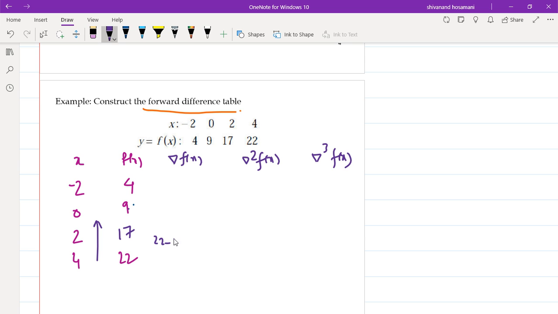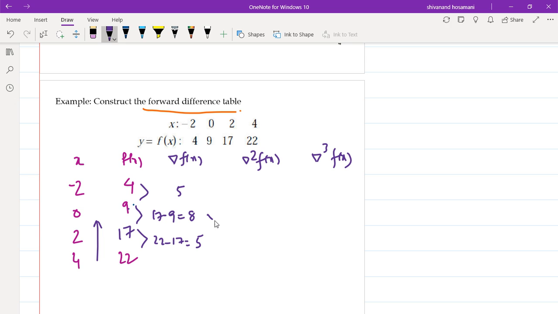What is del f of x? 22 minus 17. The table has to move from bottom to top, so that is going to be 5. And this one, 17 minus 9. What is 17 minus 9? It is going to be 8, right? And 9 minus 4 is 5.